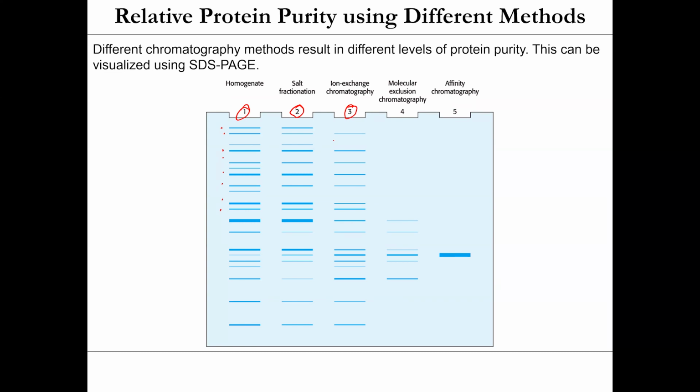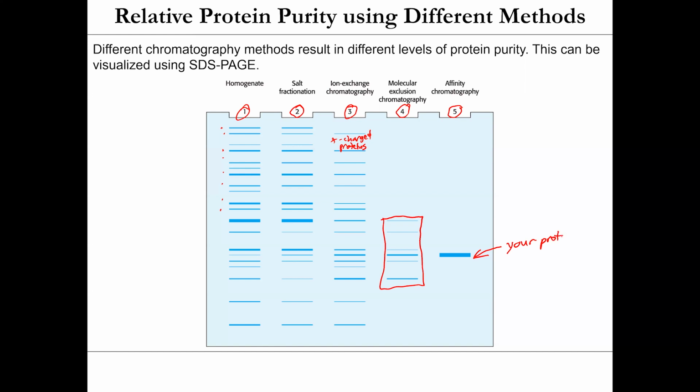Let's say your protein was positively charged. This would be only the proteins that have a positive charge. You got rid of the protein with the negative charge. Then you used molecular exclusion chromatography, so you just purified proteins that are about this size here using that method. And then lastly, let's say you used affinity chromatography to purify your specific protein based on some function.